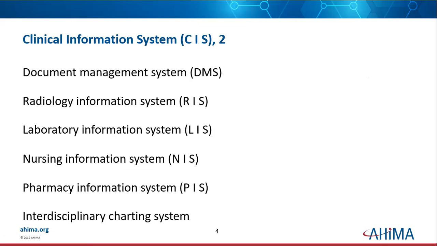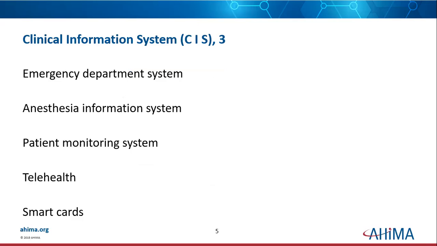As we continue, the other types of clinical information systems include document management systems we just spoke of, DMS, RIS for radiology information systems, LIS for laboratory information systems, nursing NIS, PIS pharmacy, and then other interdisciplinary charting systems.